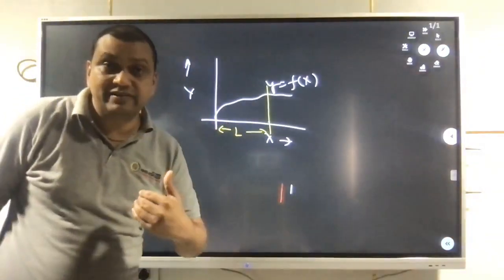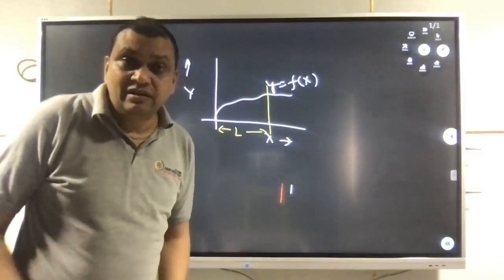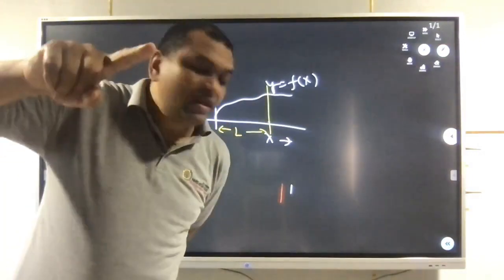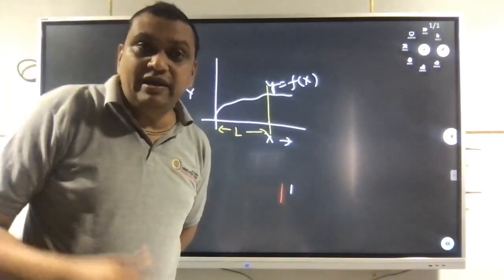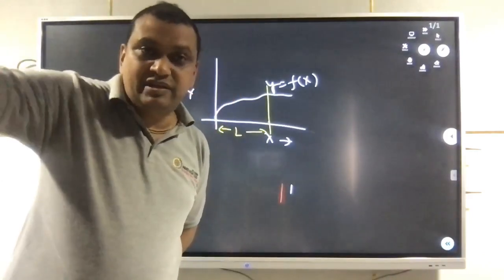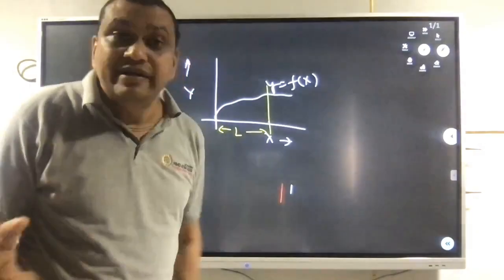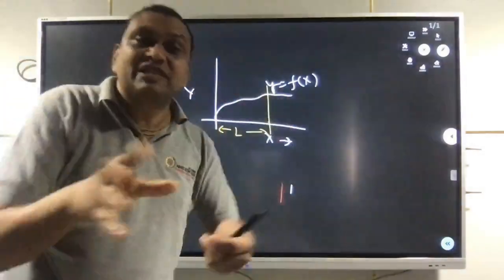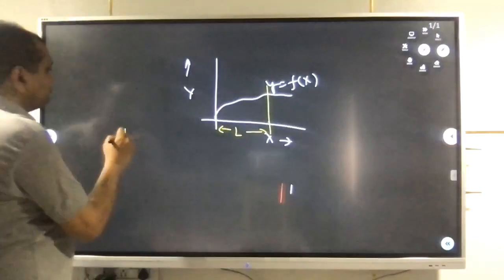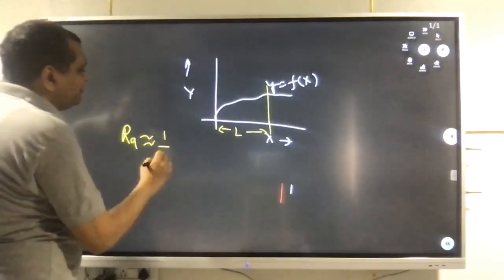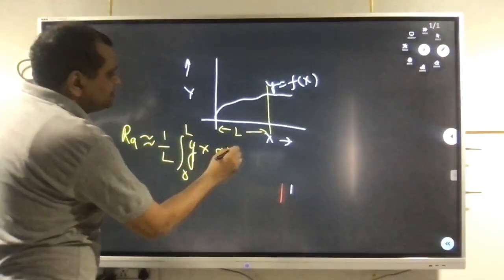Now I am pointing out a very specific thing: in the last one week, so many students are thoroughly confused in one question, and the people who set the question for the test series have mashed up the solution itself. It is not in metrology format. So now CLA value will be approximately 1 by L integral 0 to L of y(x) dx. Of course, it will be mod.